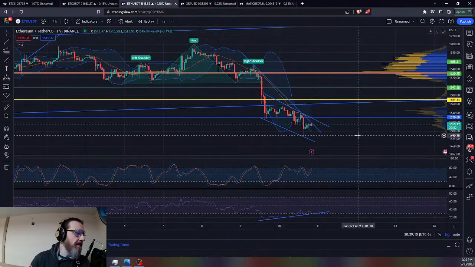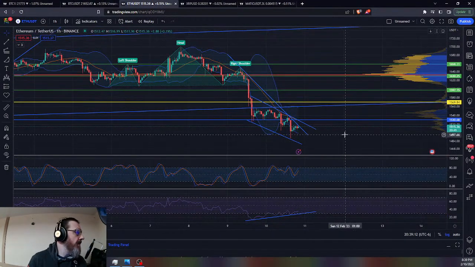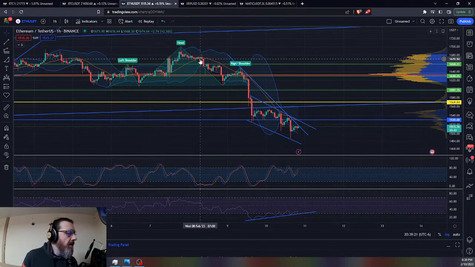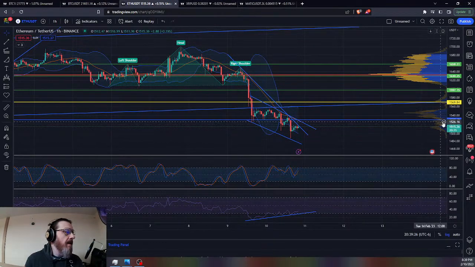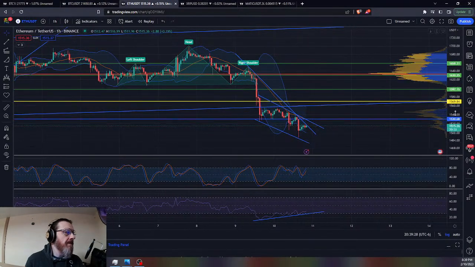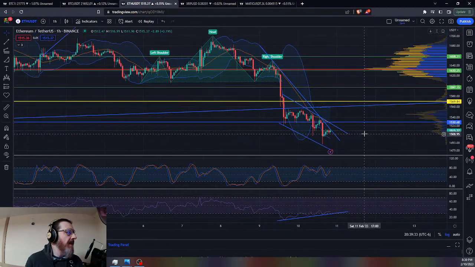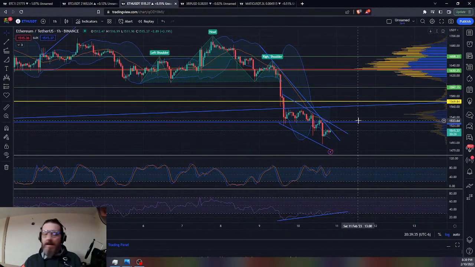I'm going to jump over to Ethereum, where we do see a fairly similar picture. We did see a dump out of this head and shoulders. It's an ugly pattern, so it was kind of hard to see at first, but hindsight's always 20/20. And I'm just going to demonstrate a couple things here in terms of back testing, because it does actually help quite a bit to back test your patterns.